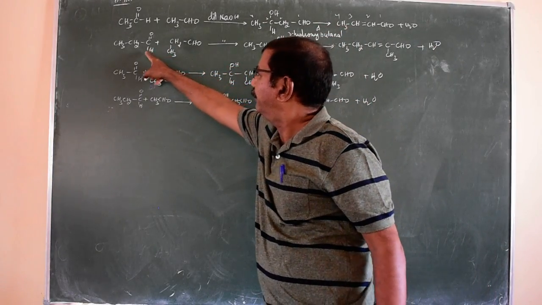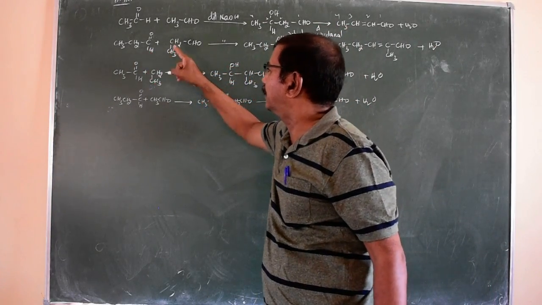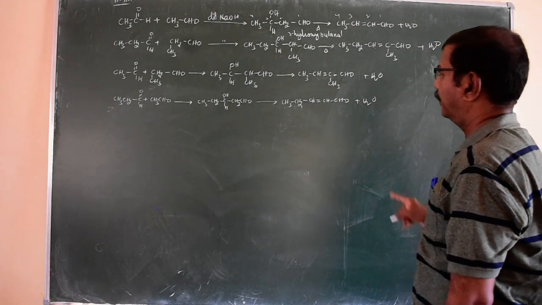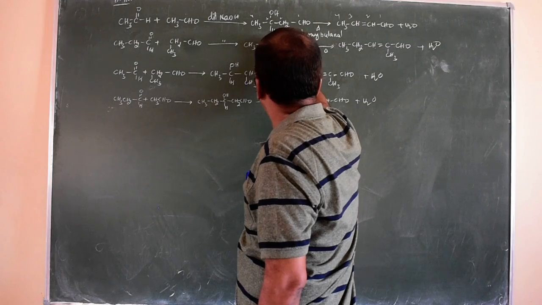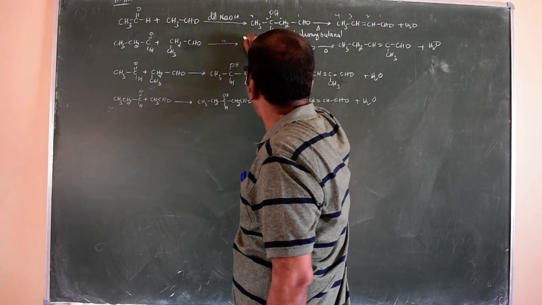For the condensation between two molecules of propanal, we have the first carbon, second, third, fourth and fifth.